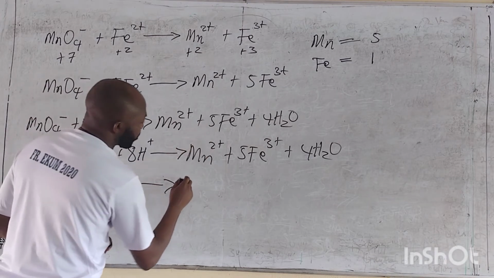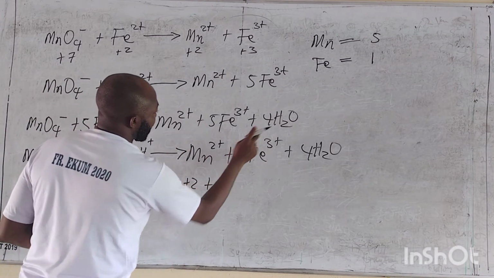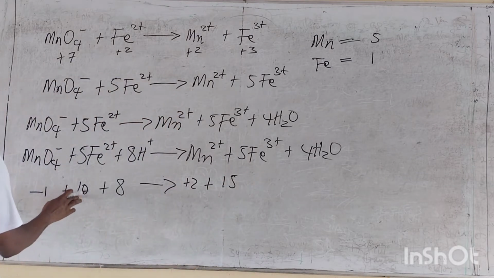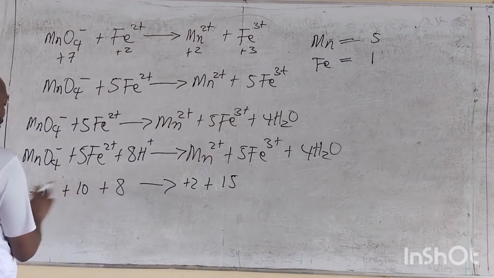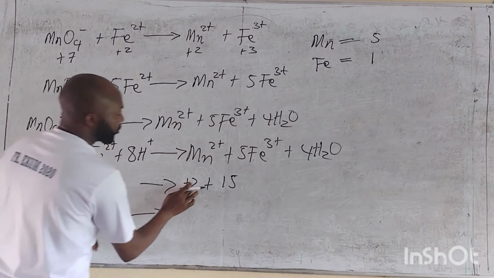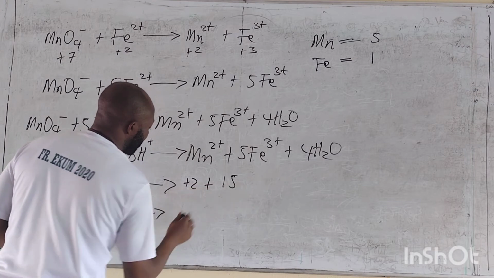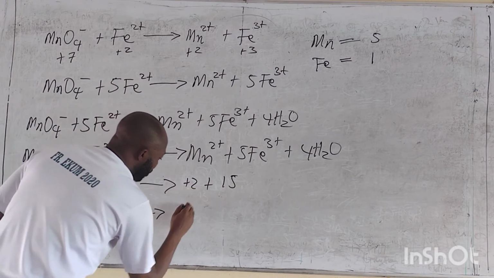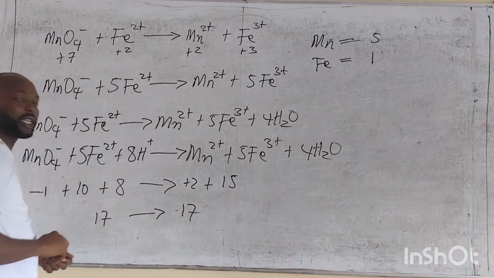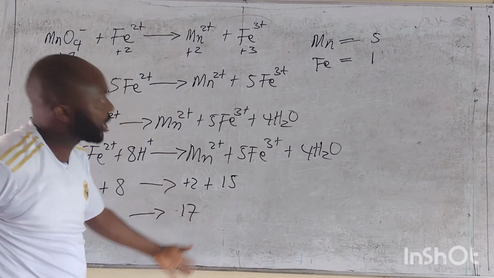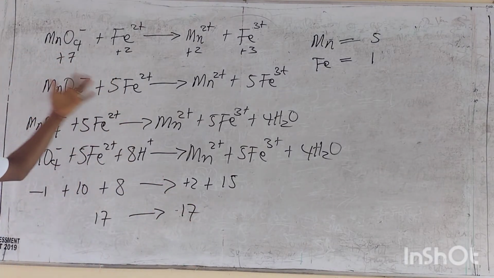So 10 plus 8 is 18, minus 1, I have 17. On the right, 1 times 2 is plus 2, plus 5 times 3, 15, so 2 plus 15 is 17. Now we say the equation is what? Balanced, because the left hand side is 17 and the right hand side is 17. So the redox equation is balanced.